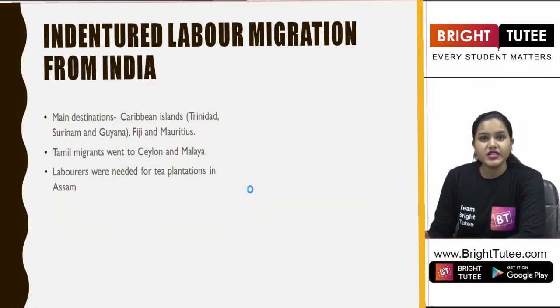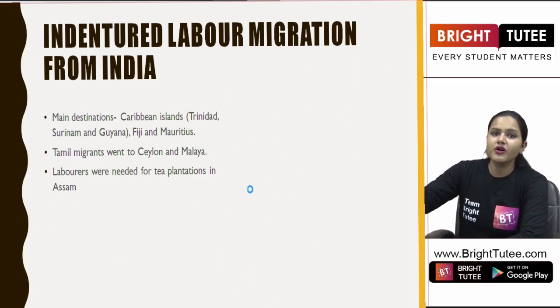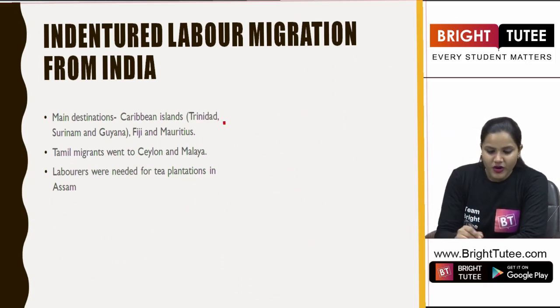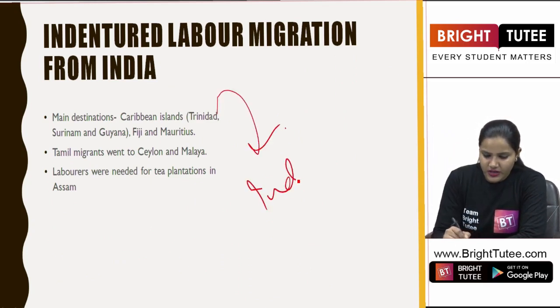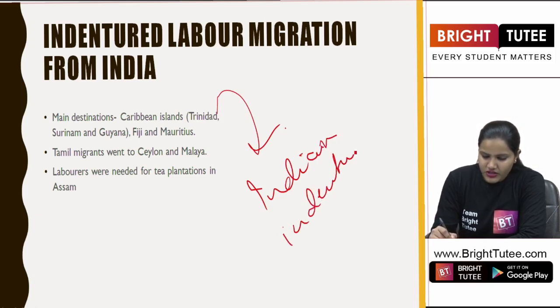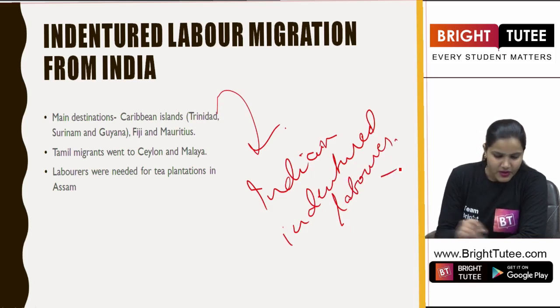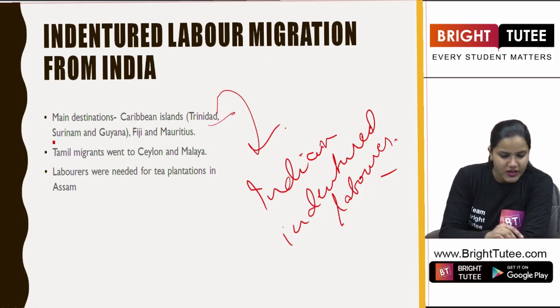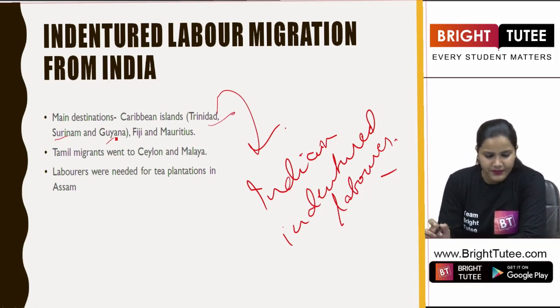And the main destinations, here we are talking about the indentured laborers who were going from one place to another. The main destinations for the Indian indentured laborers were the Caribbean islands, which included Trinidad, Suriname and Guyana, as well as Fiji and Mauritius.